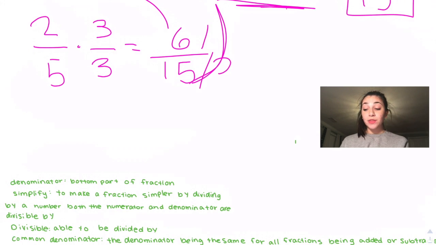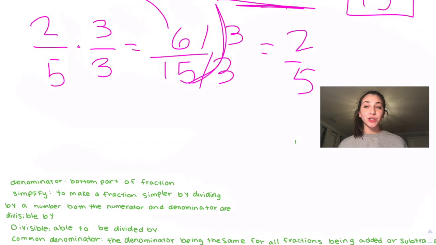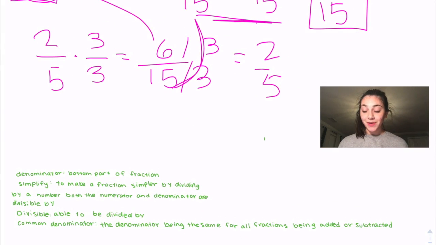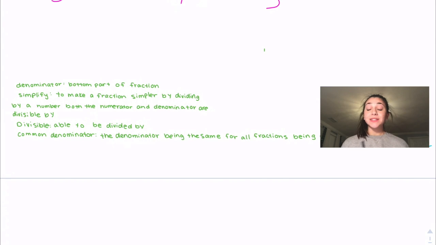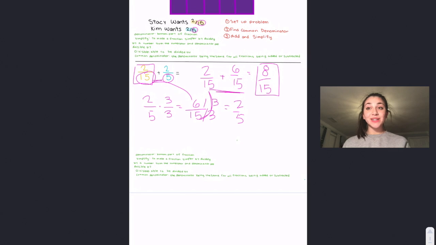And if I divide them both by 3, we get back to 2/5. So that would be simplifying that fraction. We technically unsimplified it. And the last one is a common denominator, which is just making sure both denominators are the same in an addition and subtraction problem. And that is how you find the common denominator.